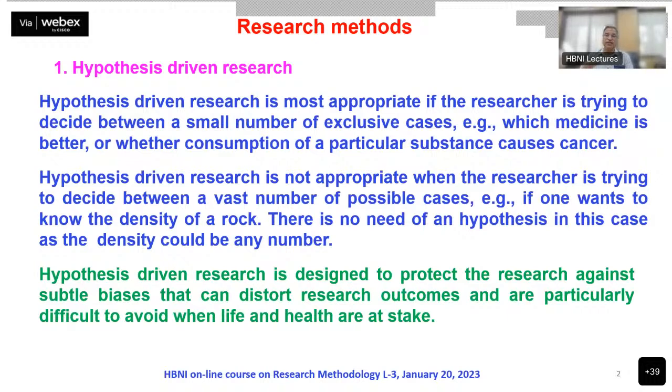So to protect the people who are developing those vaccines against the subtle biases, and these biases can distort the outcome of a research. And so when you are developing a medicine or so, which is a question of saving the lives, it is very difficult to avoid those biases.